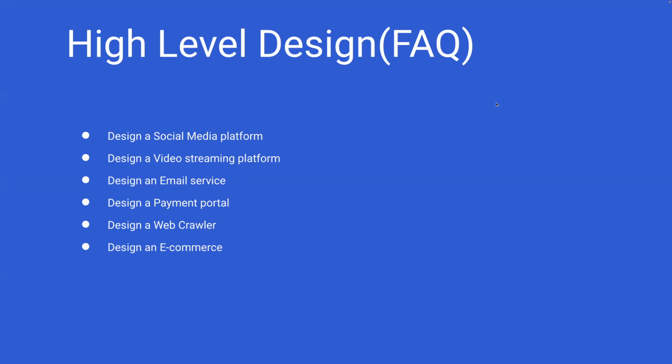Some frequently asked questions for a high level design interview are like, design a social media platform. Again, this is a broad aspect, right? So design a social media platform like Instagram can be one question, or you can be asked to design the news feed of Facebook. This can be a different problem in the same broader aspect. Design a video streaming service like Netflix or YouTube.